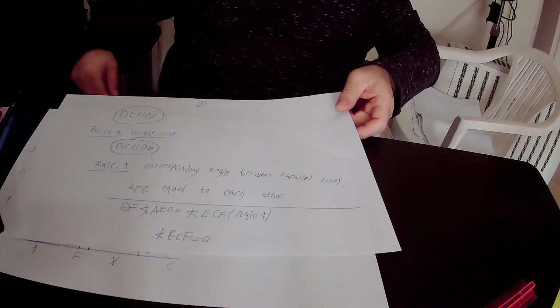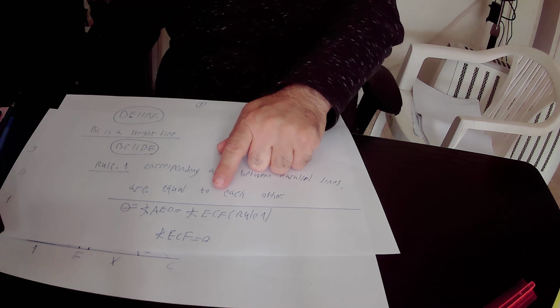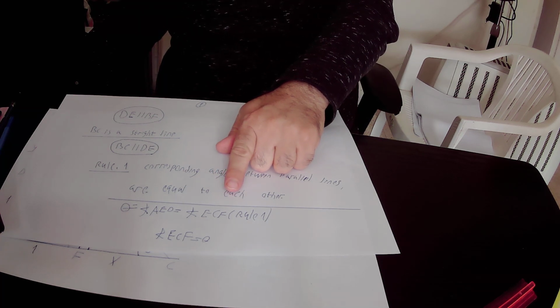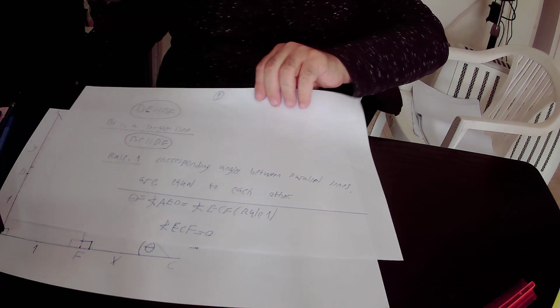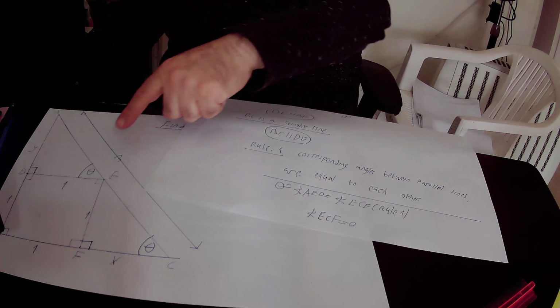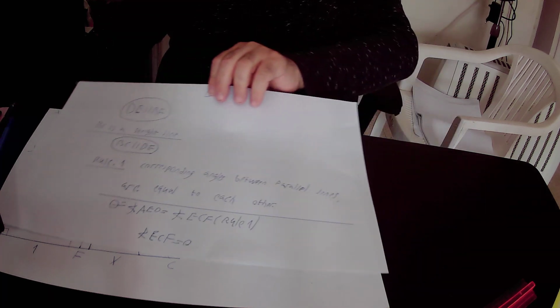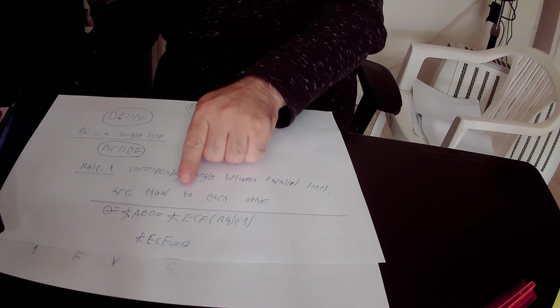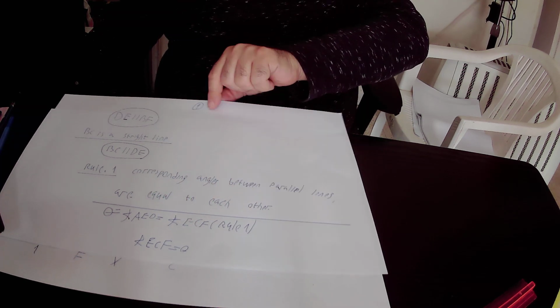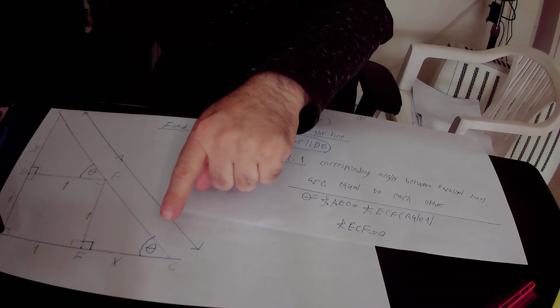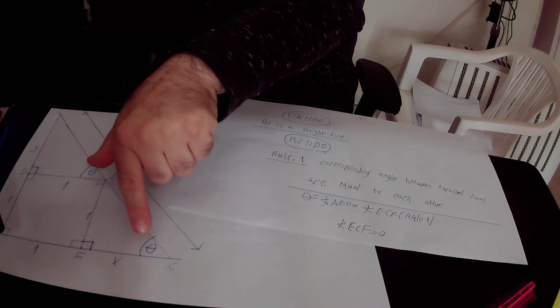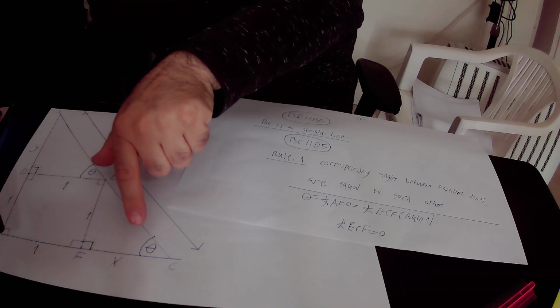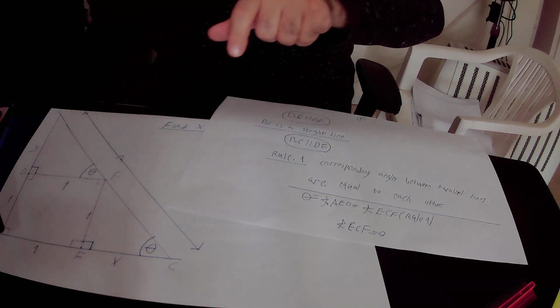Okay, so angle AED equals angle ECF according to rule number 1. And if we define angle AED as theta, from this equation we will derive that angle EFC also equals theta. So we found out that those two angles are equal to each other, they are both equal to theta.